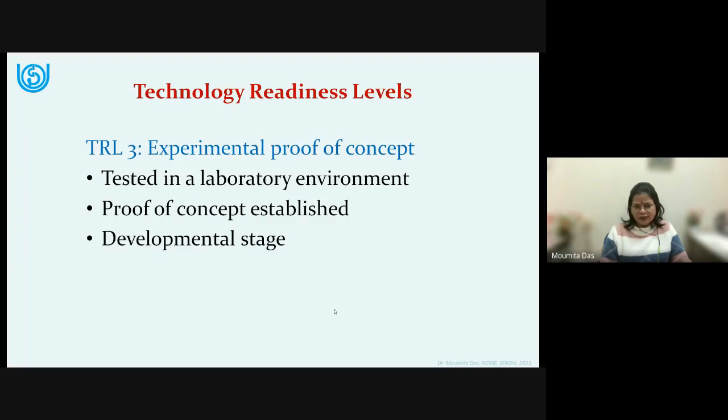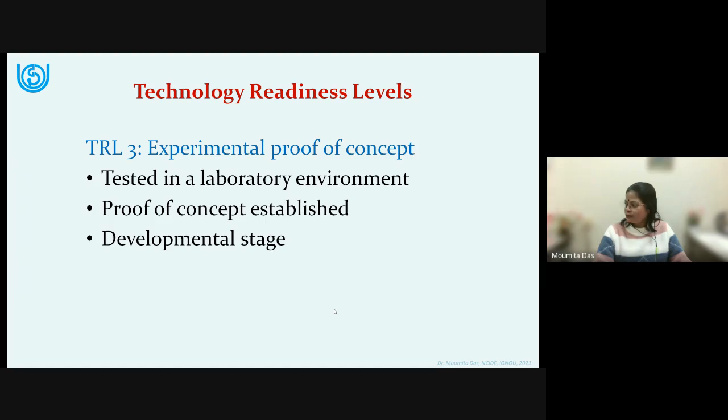So this is that stage where you go to the lab, test it, put it in hot water, for example, and see that it doesn't impart any color or taste to the water, and it doesn't disintegrate, such things.